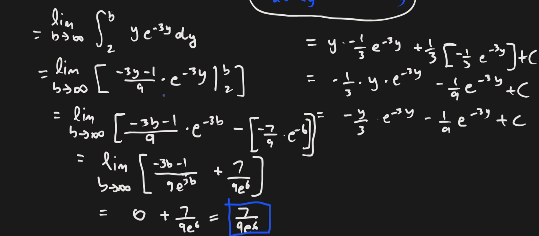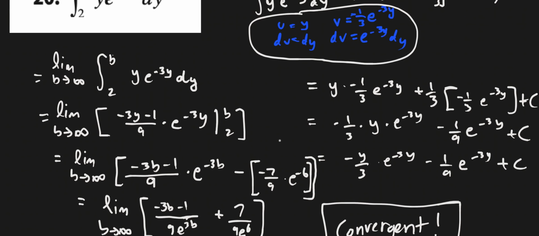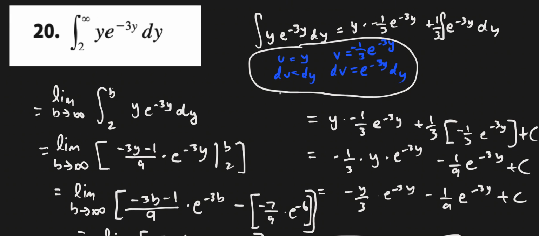It's not negative 0, it's just 0. So it's 0 plus 7 by 9 e to the 6th power, which is 7 by 9 e to the 6th power. So this just ends up being convergent. This was an interesting problem. It involved the use of integration by parts and understanding limits as well. Hope you found this video helpful.